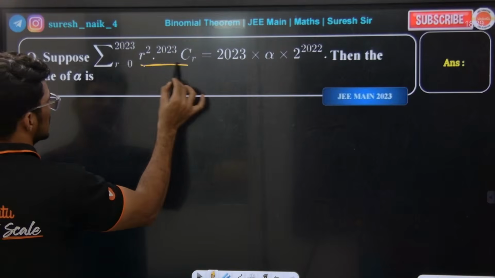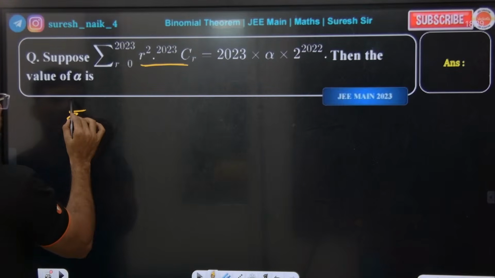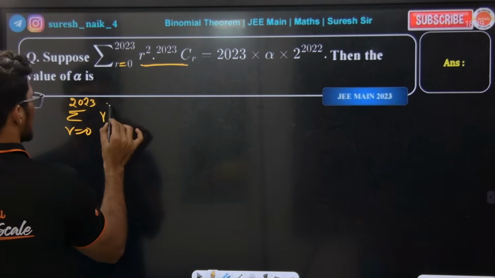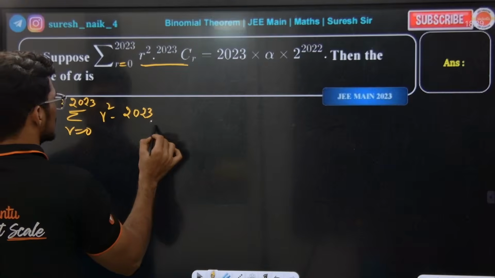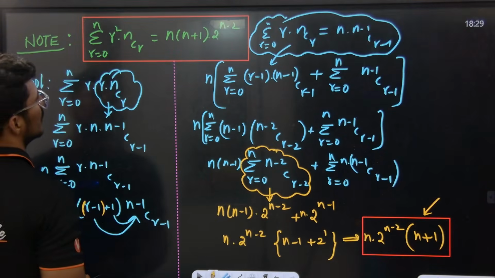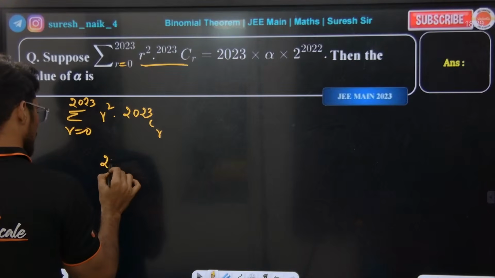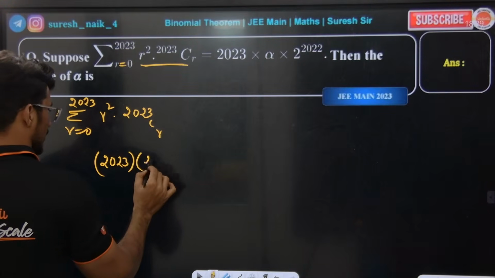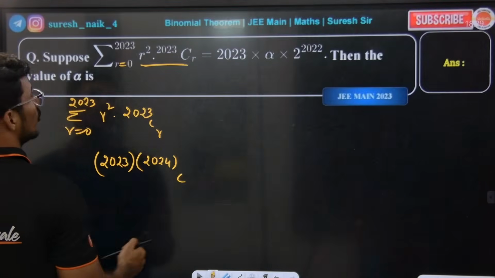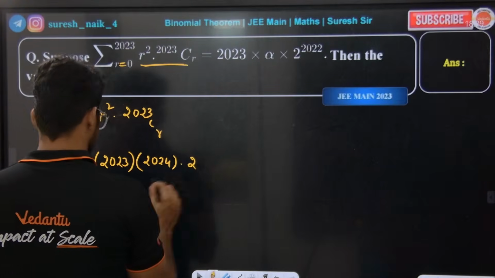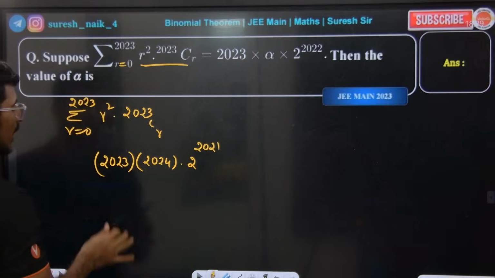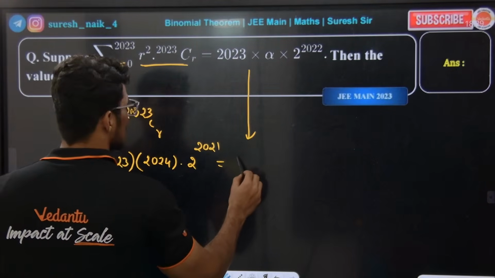So tell me, sigma r is equal to 0 to 2023, r square into 2023Cr means n into n plus 1 into 2 power of n minus 2. Okay, this is what we got. Right hand side as it is.